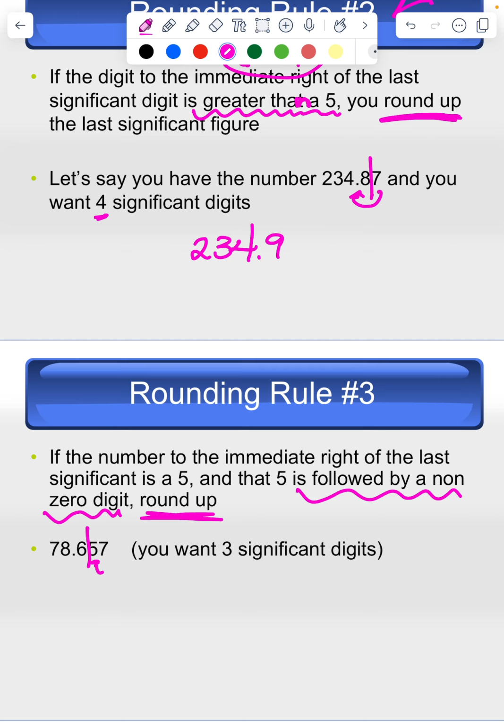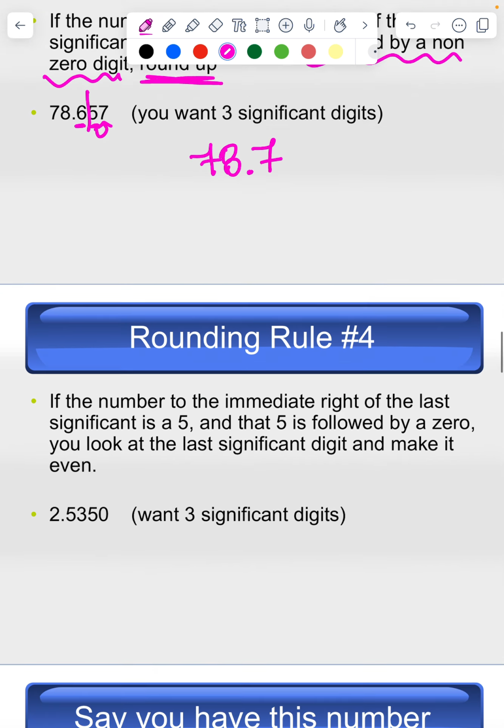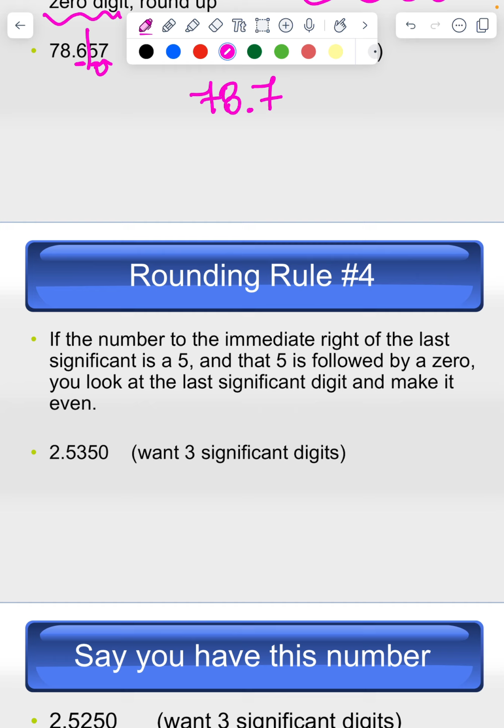You have to look at the next number. So that next number is not 0, so we round that number up. All right, so we round our last sig fig up, so our answer would be 78.7.